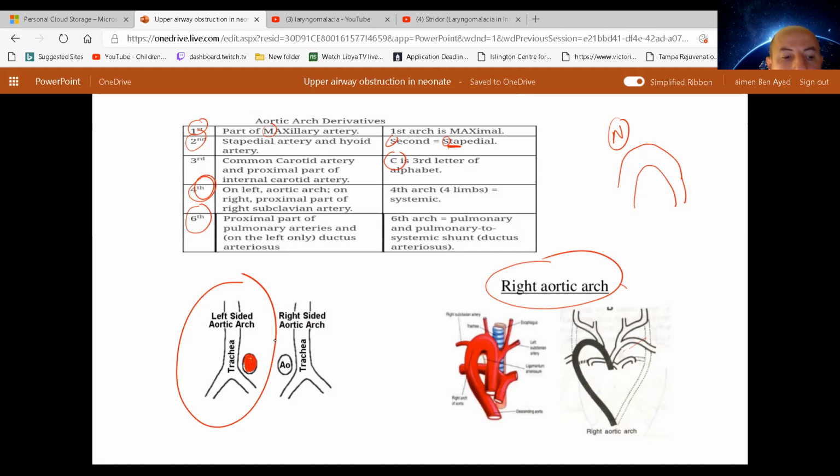If the aortic arch descends on the left side of the trachea, that's called a left aortic arch. If the arch of the aorta comes on the right side of the trachea, that's called a right aortic arch. Normally we have the left side aortic arch. The right side is not normal; usually it disappears, but if it remains, that's called a right aortic arch. Does it make sense now? Okay, very good.